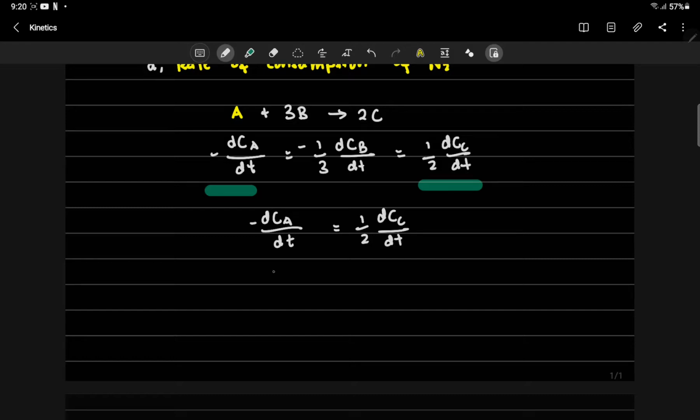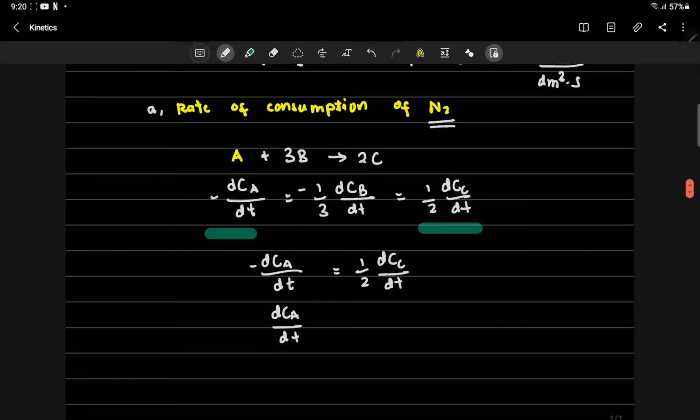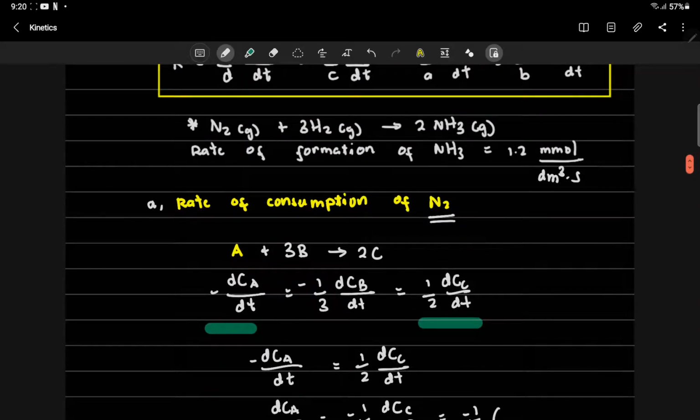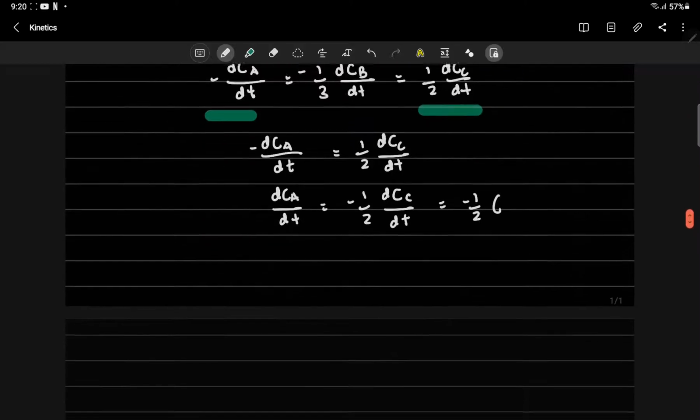Now we're after dCA/dt, right? Because A corresponds to nitrogen, and that's what we're looking for here. So it will become negative 1/2 the change in the concentration of C with respect to time. And we actually have that value. It's given in the problem that the value for the rate of formation of ammonia is 1.2.